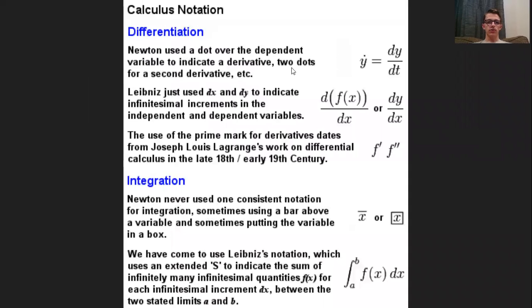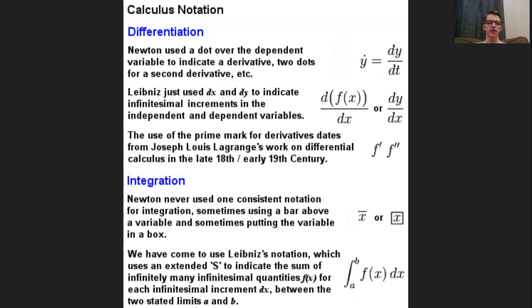And then another cool fact that I learned is that apparently in differentiation, Newton used a dot over the dependent variable, which I don't think we do now, but I could be wrong. Like this says, Newton used a dot for the independent variable to indicate a derivative. And so I don't think that we use that to indicate a derivative.